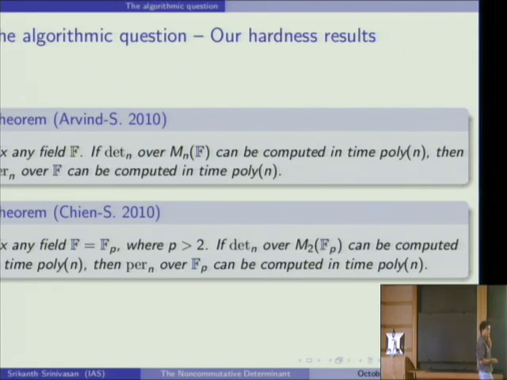So, is this the implication you want to have? If you can compute the determinant over the matrix rings, then... Right, so this is a weaker theorem than this in a certain sense.